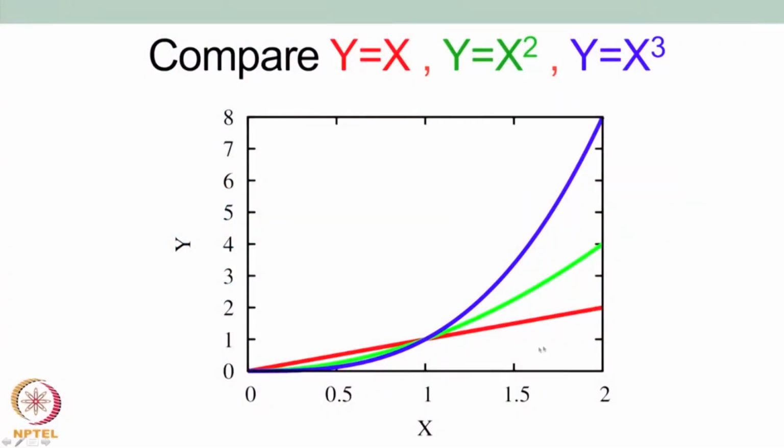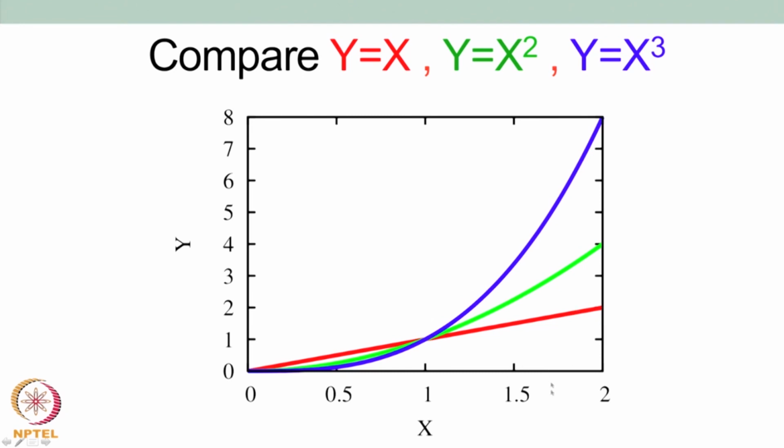So, we had y is equal to x, which is the red curve, y is equal to x square, which is the green curve. Now, y is equal to x cubed, which is this blue curve. And as you can see, when x is larger than 1, x cubed value is much larger than x square or x. You can imagine 2 square is only 4, 2 cubed is 8.